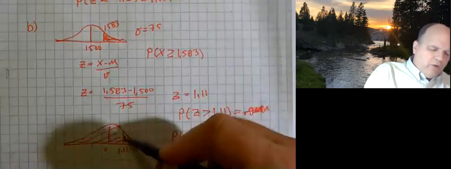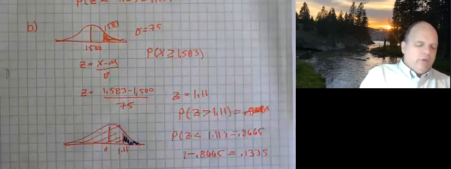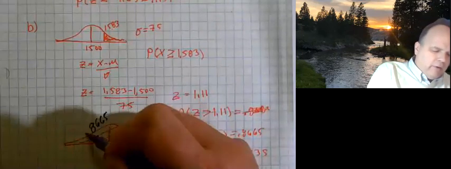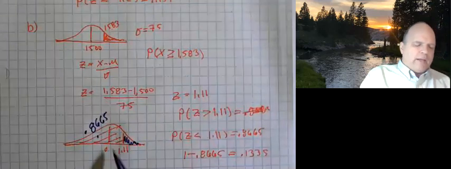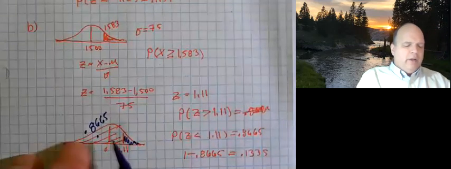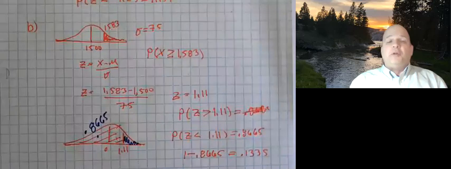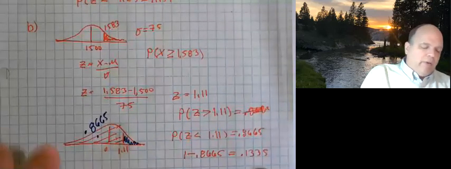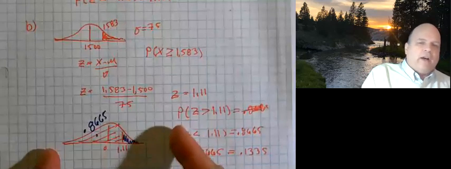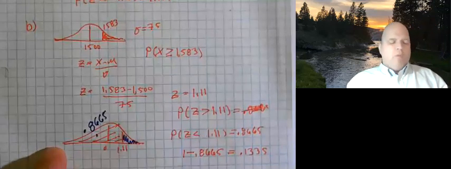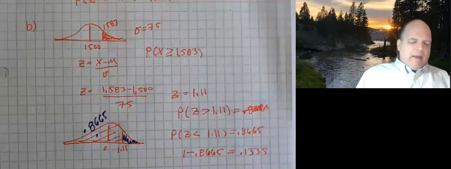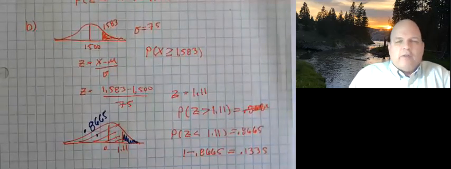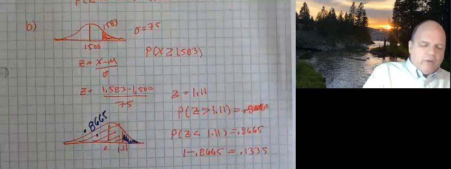We wanted this area shaded in blue. So since this was 0.8665, I had to subtract that from 1 to get this part. And the reason I subtracted from 1 is because I knew it was a valid probability distribution. And so if everything down here was 0.8665, then what was above it was the rest of it. So 1 minus 0.8665 gives me my answer.